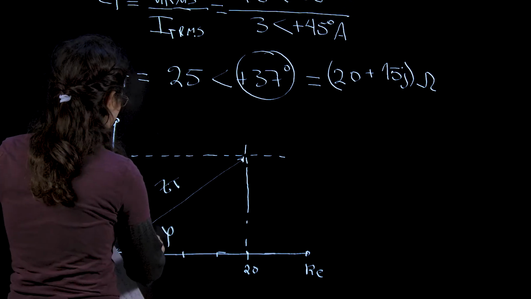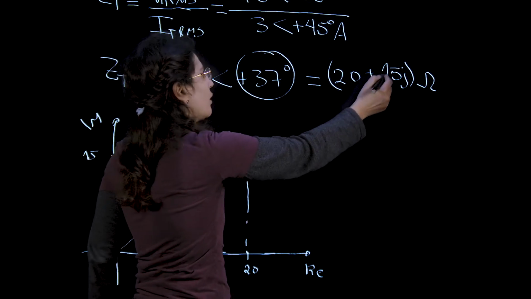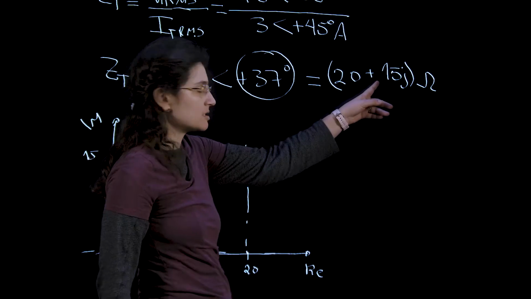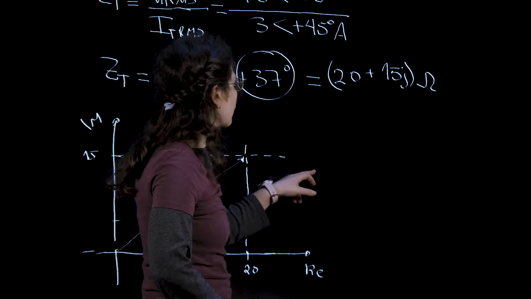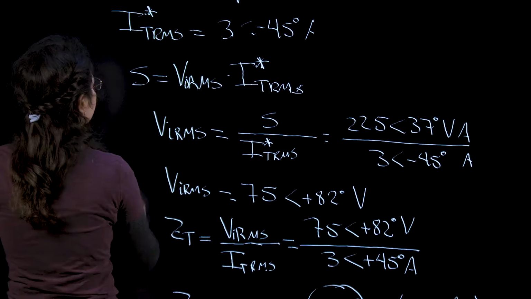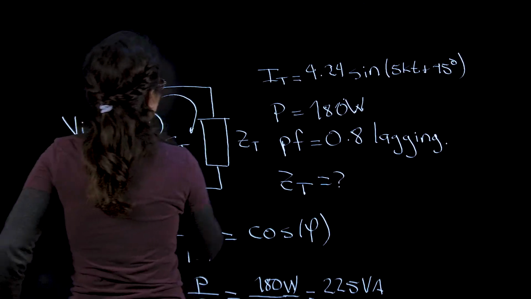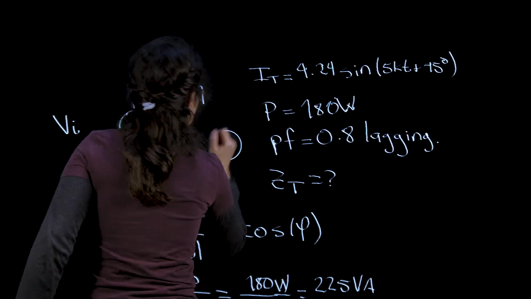And we have 15j there. We have a positive reactance because we have plus there, which means our circuit looks like this. We have a real impedance, and the real impedance is our normal resistance.